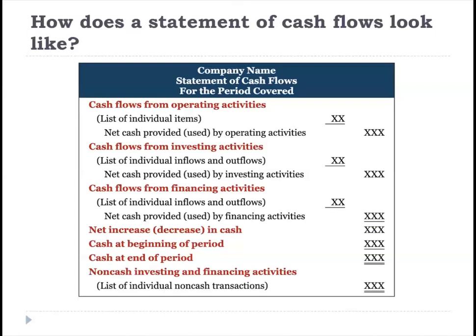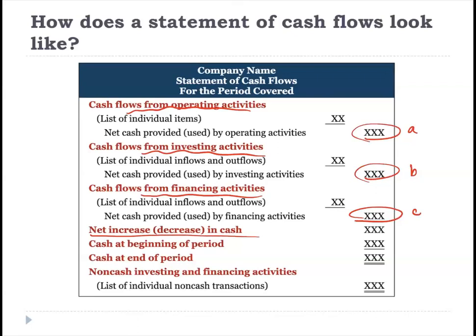So is it a cash flow from operating activity, or from investing activity, or from financing activity? Altogether, the cash flows from those three activities, for example, A, B, and C, A plus B plus C, that is the net increase or decrease in cash. So basically, that is the change in cash.